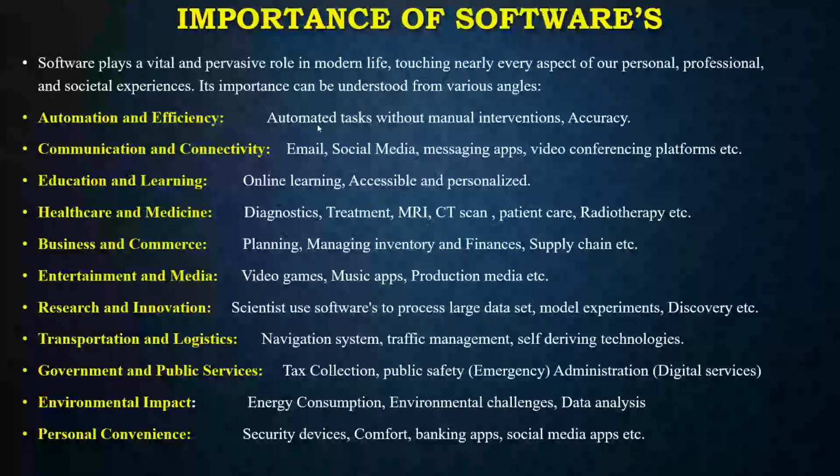Government and public services, like in the US, you file your tax. So basically, there is software that helps to file the tax. So tax collection, public safety, like 911 emergency, all those government and public services use specific software. Digital services through government, like social security, you have to apply for your social security or any other government facility. Basically, they are using software.